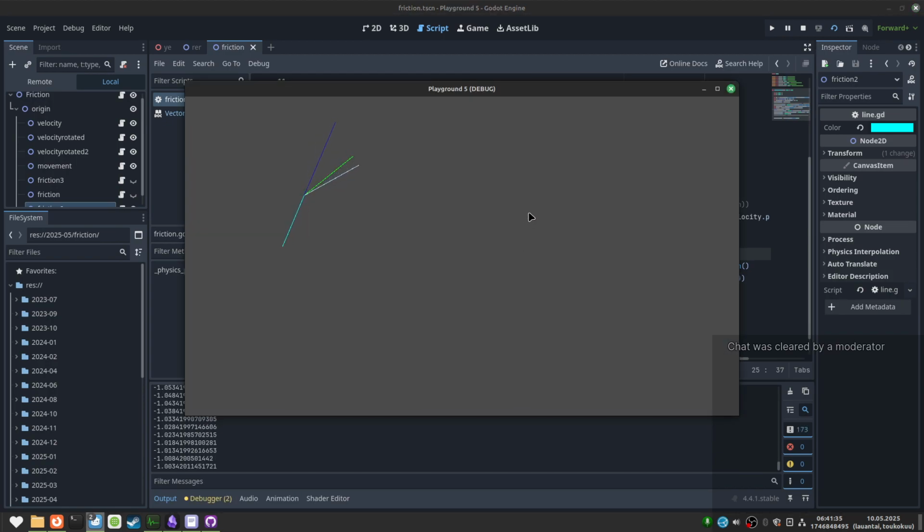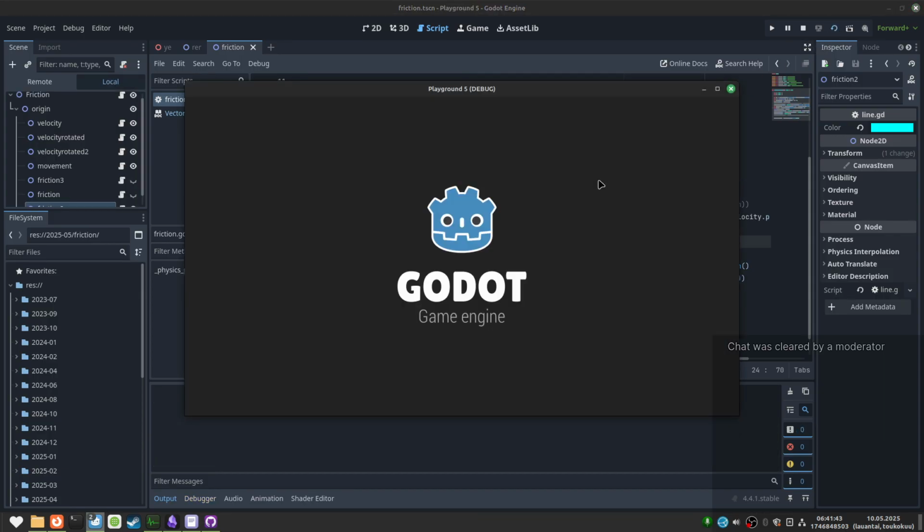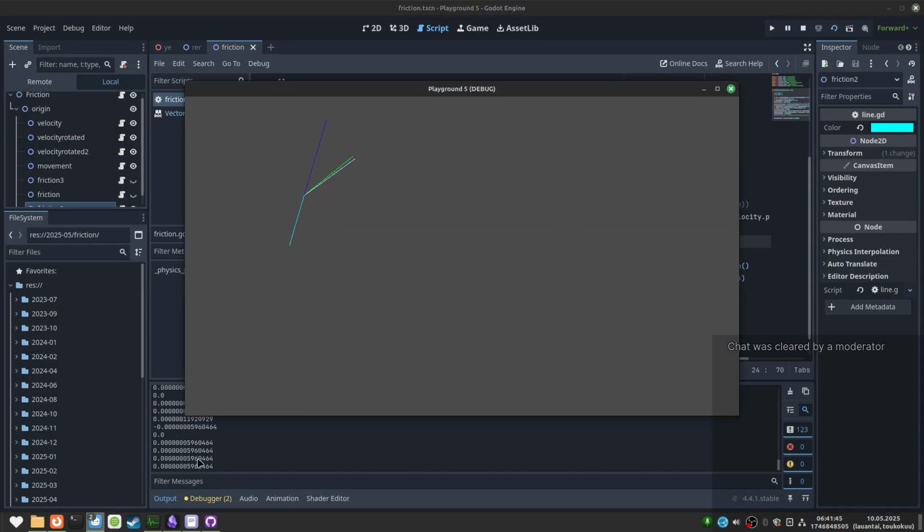It does not. Okay, now it's basically 0. There's some error terms, but that's floating point for you.